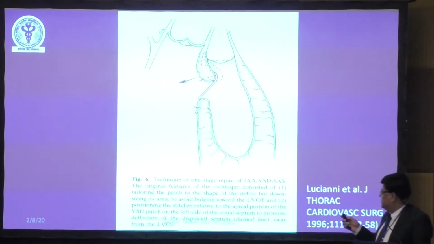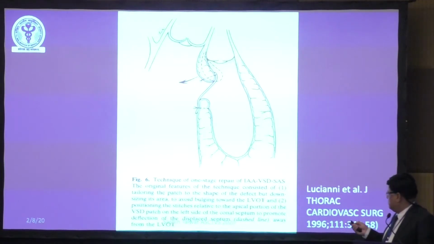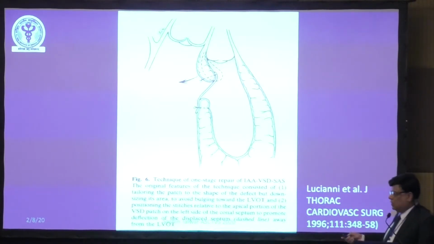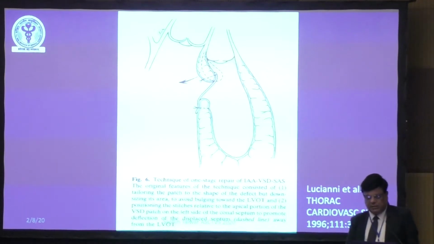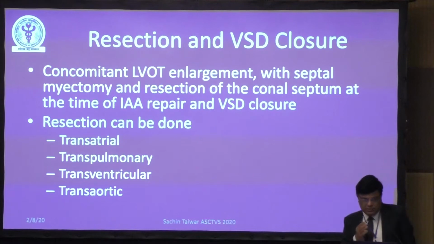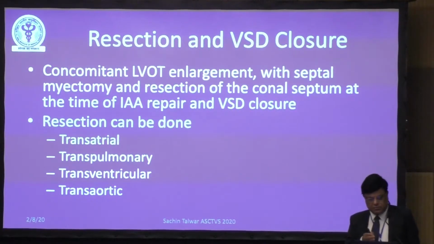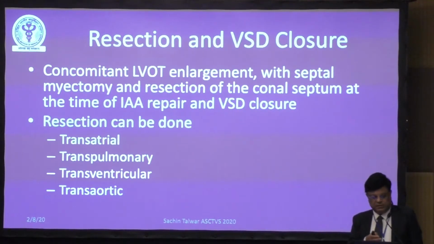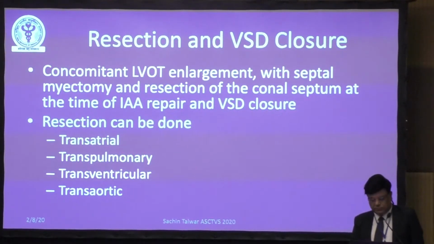And this shows that the patch is sutured to the left side of the septum, and once you do that, you not only pull the infundibulum septum superiorly, but also pull it inferiorly, and that enlarges the subaortic region. Now, all this can be done from the right atrium, from the transpulmonary approach, from the transventricular approach, or the trans-aortic approach.